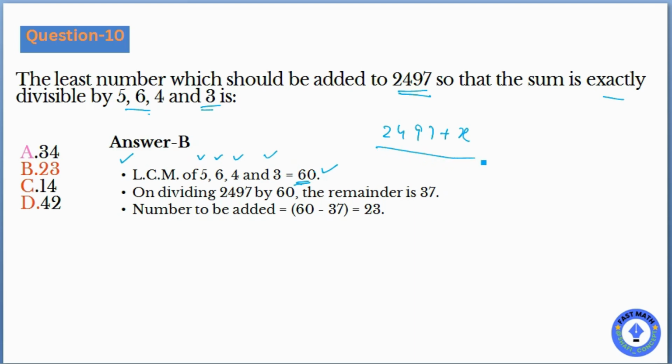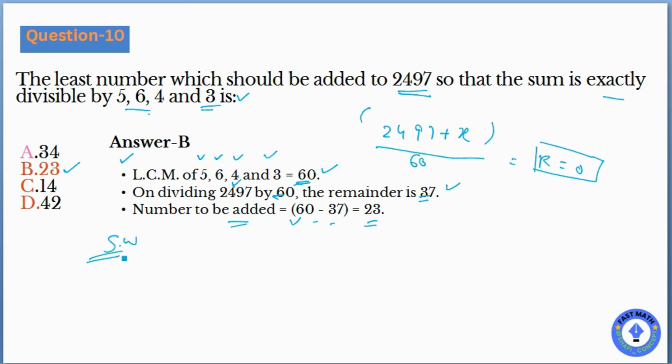When it is added with a number and divided by the LCM, that is 60, the remainder should be 0. That's why on dividing 2497 by the LCM, it gives the remainder 37. But for it to be divisible by 60, the number to be added is 60 minus 37. The answer is 23.